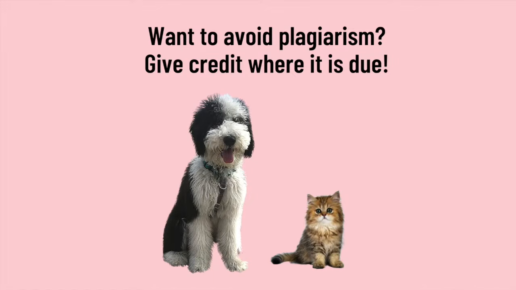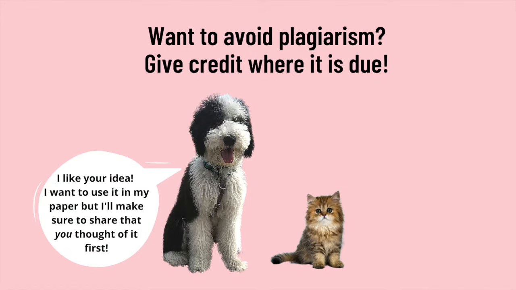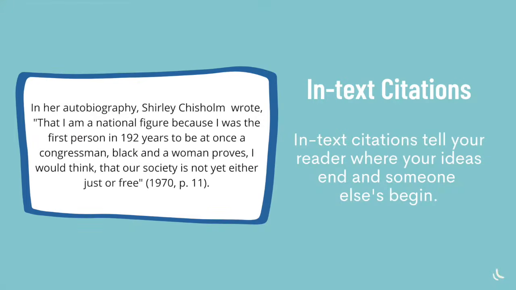To avoid plagiarism, you need to give credit to the original source. You do this by creating an in-text citation at the point in your paper or discussion post where you introduce the outside information. An in-text citation is a quick indicator to your instructor or your reader that this information didn't come from your brain.